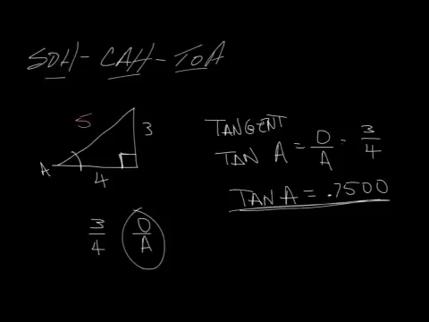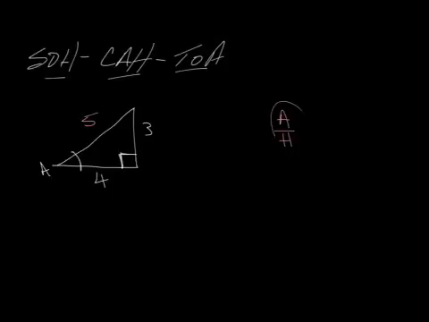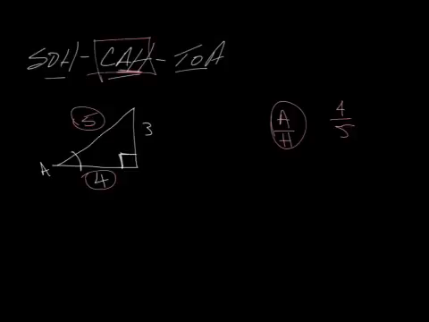Okay, so given that being 5, let's say that I want to look at the ratio of adjacent over hypotenuse. Adjacent over hypotenuse would be this over this. That would be 4 over 5. That ratio, adjacent over hypotenuse, is called cosine.